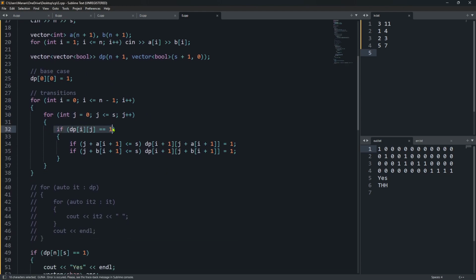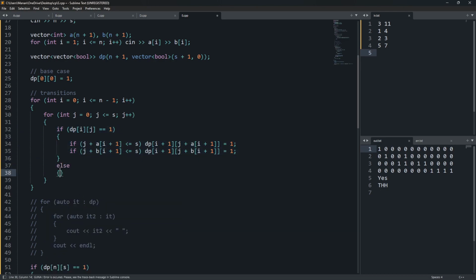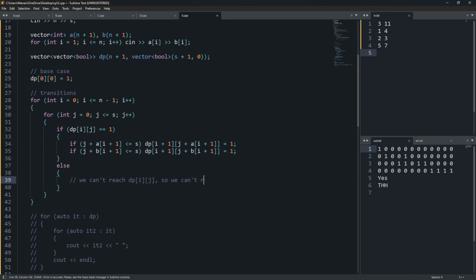If dp of i comma j is 1, then only is it worth proceeding further, right? Else it just means that we can't reach dp of i comma j, so we can't reach any further as well.